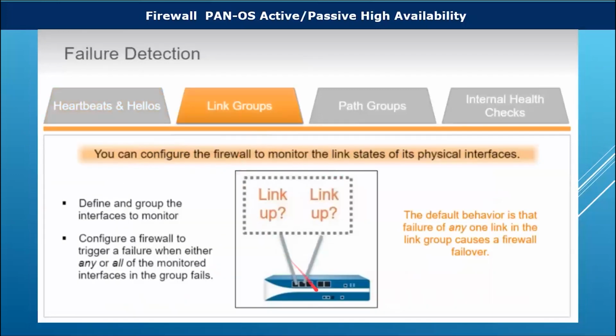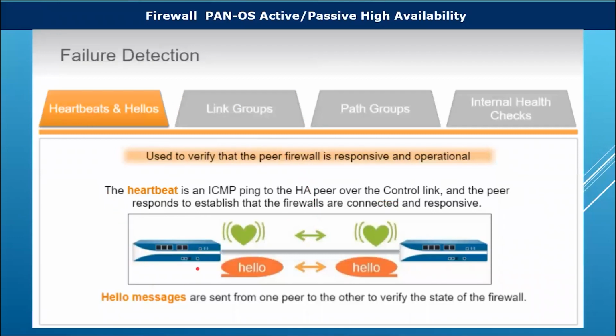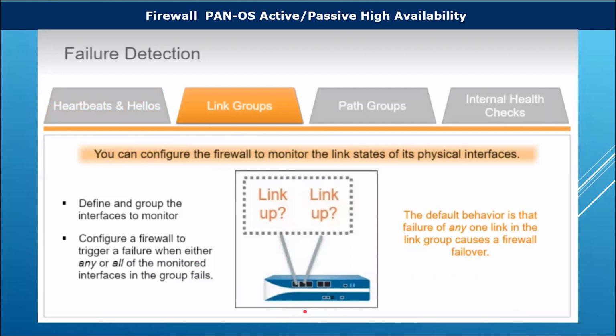The second case is if your interface is not working. In that case, we will use link monitoring with a link group. We will make a group of interfaces. If any interface goes down, then high availability will be triggered.